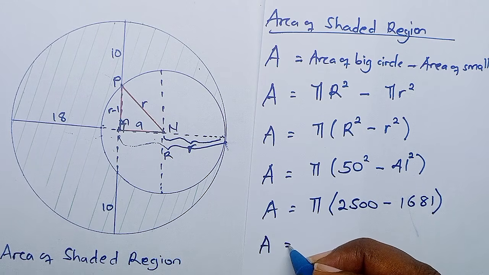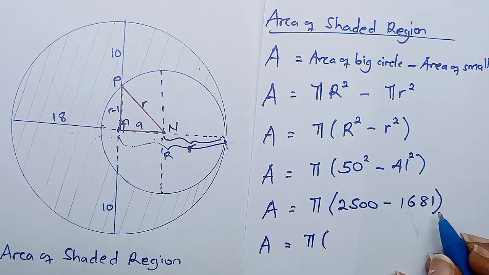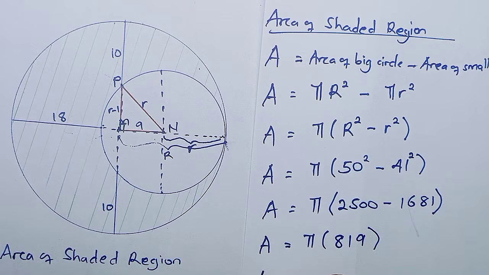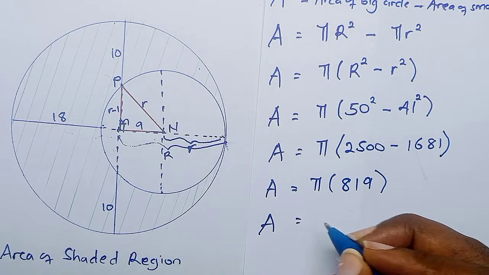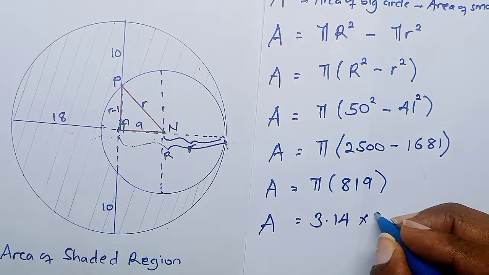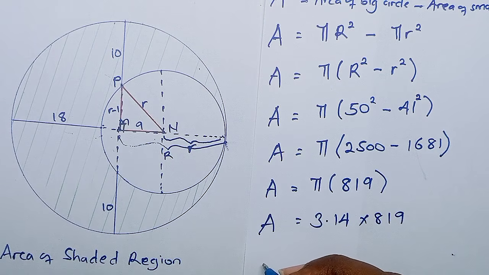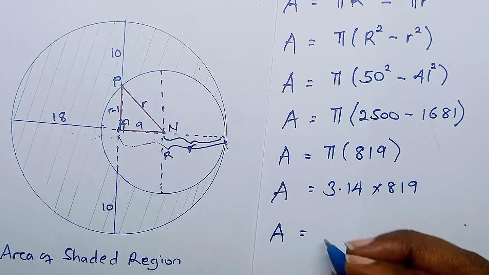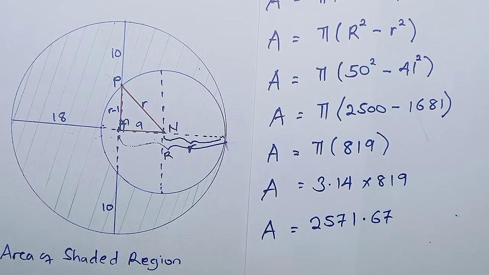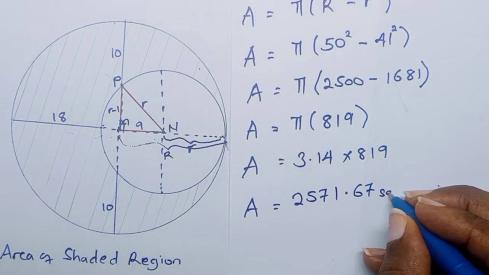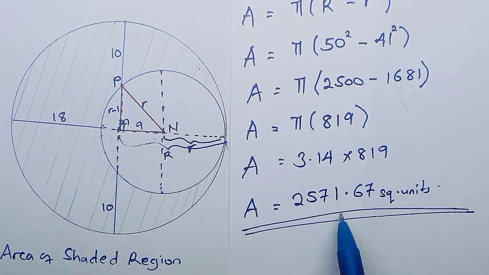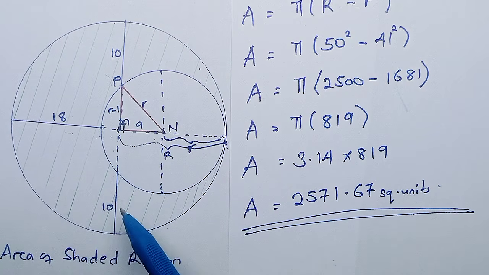So area is equals to pi into this minus this gives us 819. So area is equals to pi is 3.14. So times 819. So our area therefore becomes 2571.67. So this is the answer in square units. So this is the area of this shaded region here.